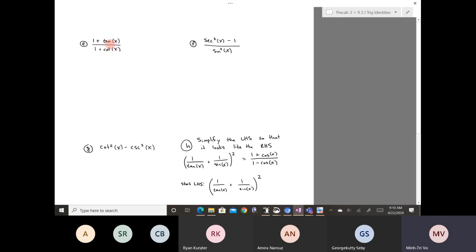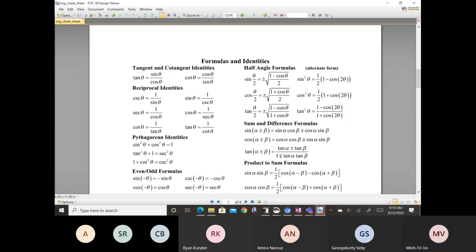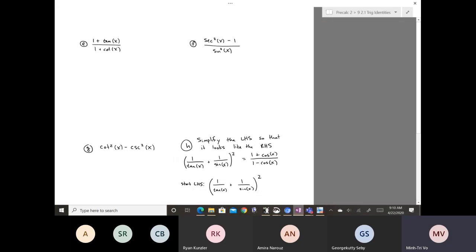So you can ask yourself, is there an identity that relates directly these two trig functions? And there is, because cotangent is just the reciprocal of tangent. So we can use that identity instead. Let's use the fact that cotangent is 1 over tangent.